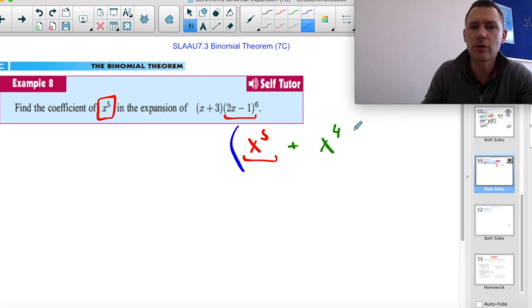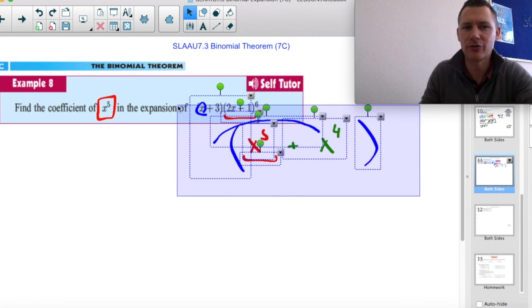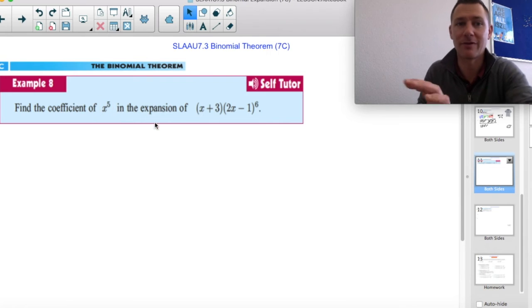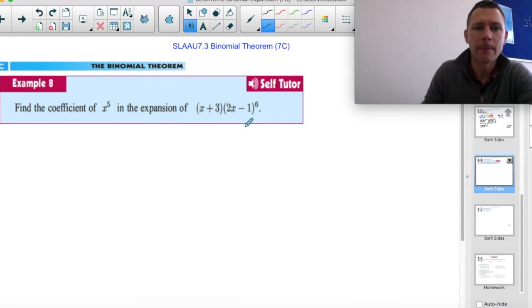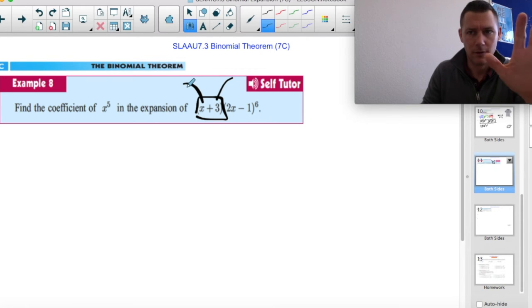And when you distribute this x in, it's going to change those x to the 4ths into x to the 5ths. And so you have 2 sets of these coming together. So we're going to try to make the math do this for us so we don't have to think about it as much. So I'm going to ignore this piece and just expand this and look for x to the 5ths for this, and also look for x to the 4ths for that.